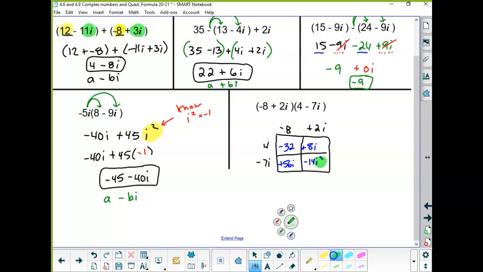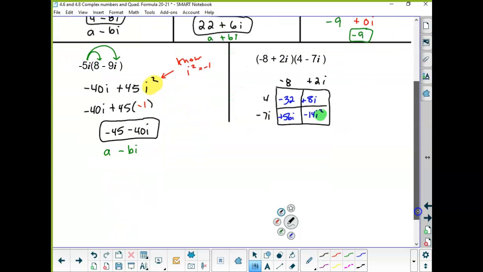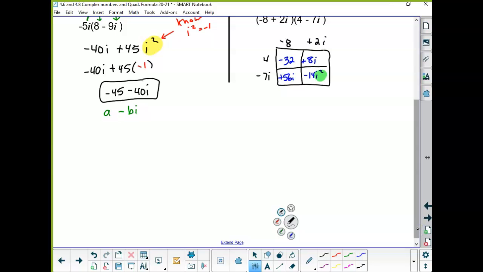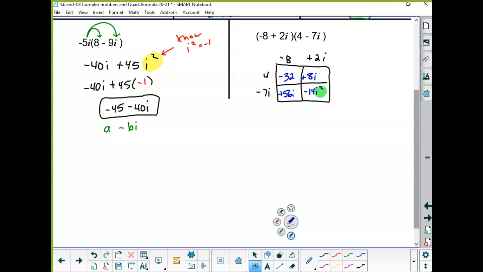So already, Cam, you're noticing the shortcuts, right? And if you realize that, I'm going to show my work just because not everybody realizes it at the same time. So notice this isn't our answer, right? Our answer has to be written out as, well, negative 32 plus, oh, wait a minute, 56i and 8i. I can actually add those together, and that'll give me 64i.